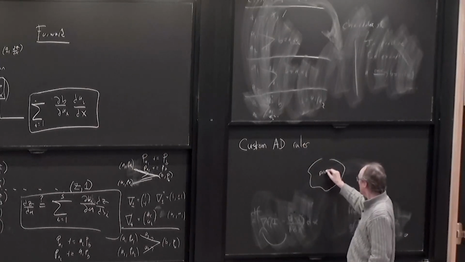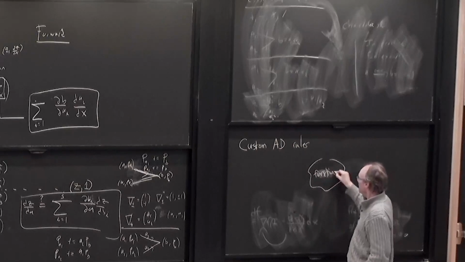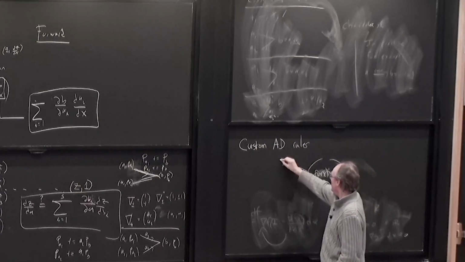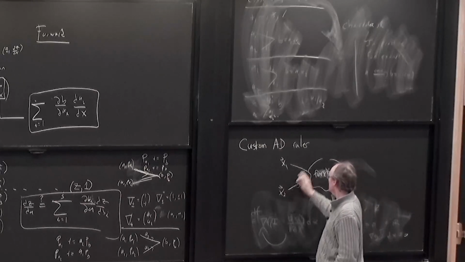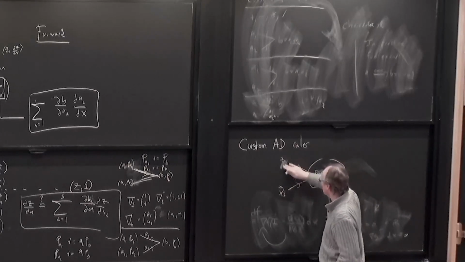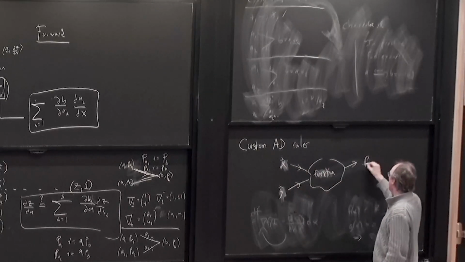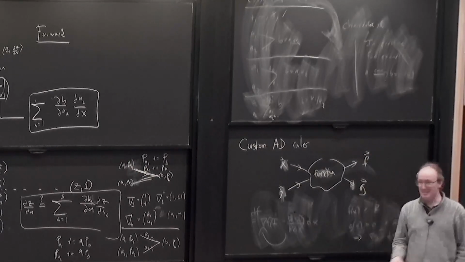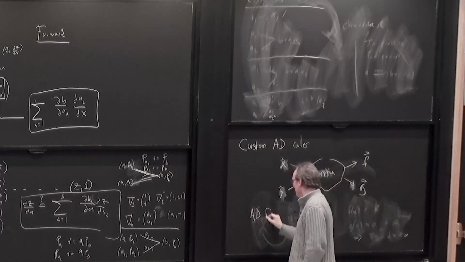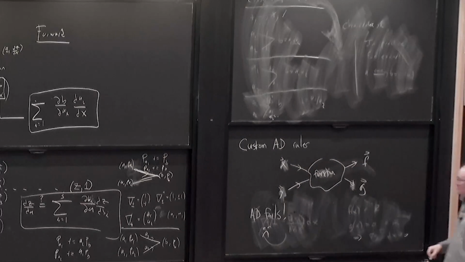This is your program, or maybe just a subroutine in your program, a function that takes in x and y, and outputs f and g. And then suppose that AD fails, as it did in the first version of the homework.